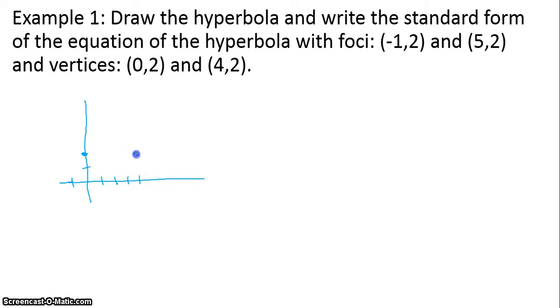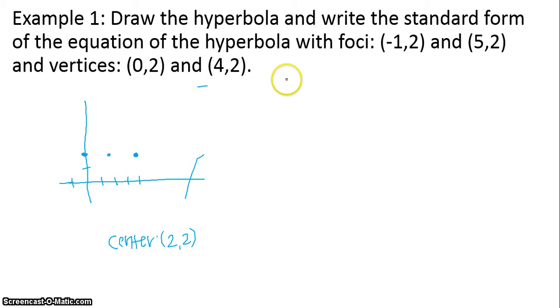So if those are my vertices, then I know that right in the middle of those should be my center. My center, since it's right between those, I don't know why it's not letting me write up there, sorry about that, should be at 2, 2.